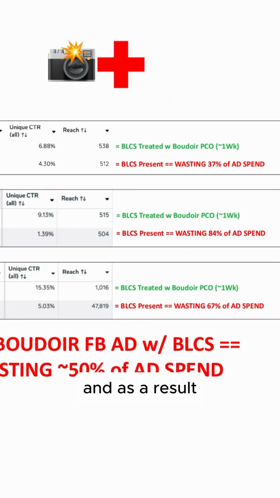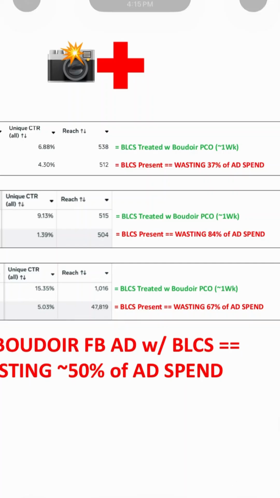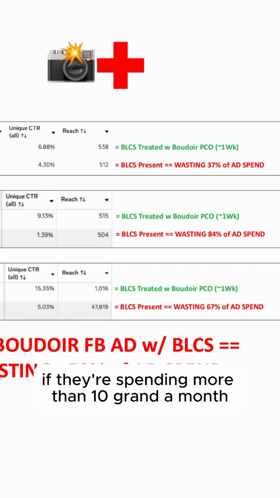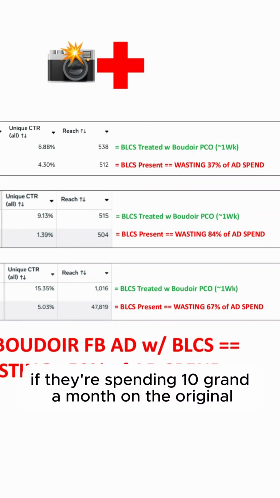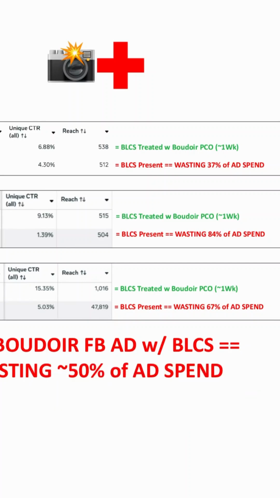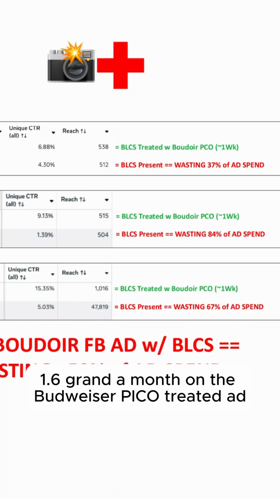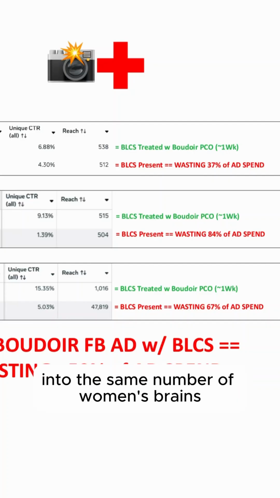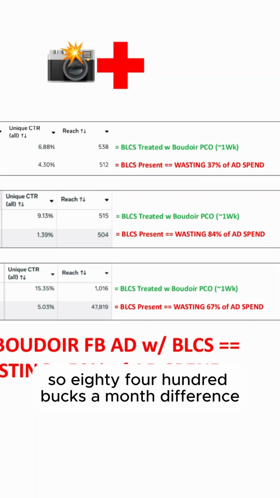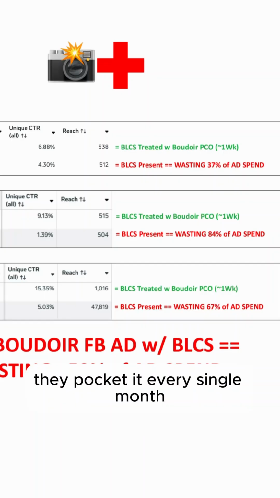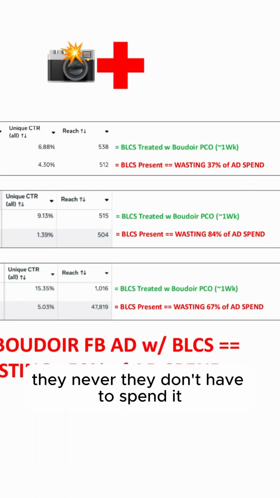And as a result, if they're spending 10 grand a month on the original Boudoir Facebook ad, now they only need to spend 1.6 grand a month on the Boudoir Pico treated ad and get their ad into the same number of women's brains. So $8,400 a month difference. They pocket it every single month. They don't have to spend it. They keep it.